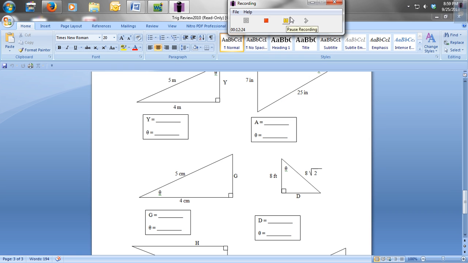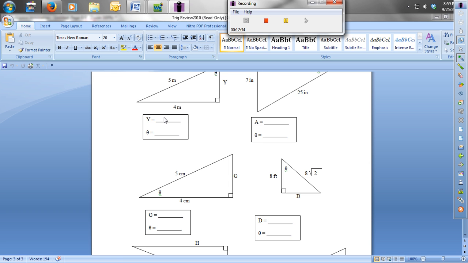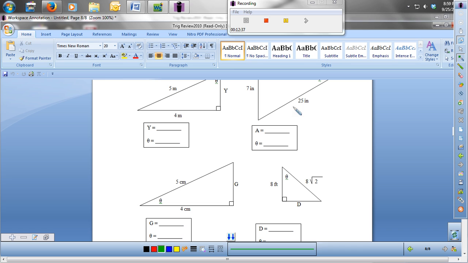Alright. Okay, now I'm on the last page, and I'm going to solve for y, and I have another 3, 4, 5 triangle, because this is 5, 4, this has to be 3. 3 meters, and then I'm going to say the tangent of, no, I'm not going to do tangent, I'm going to say the cosine of theta.